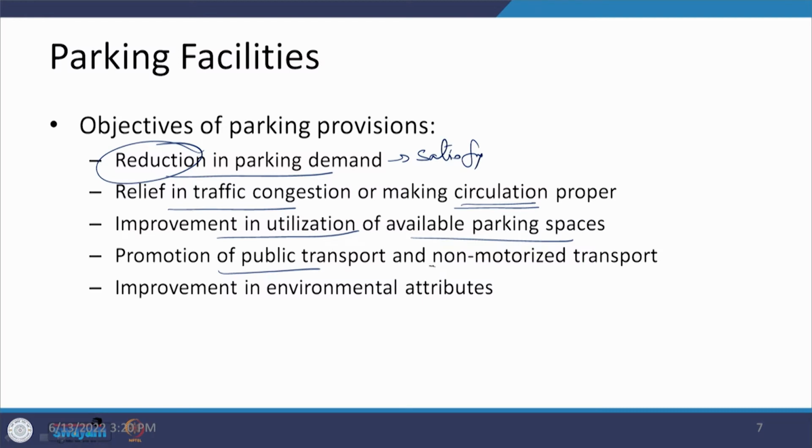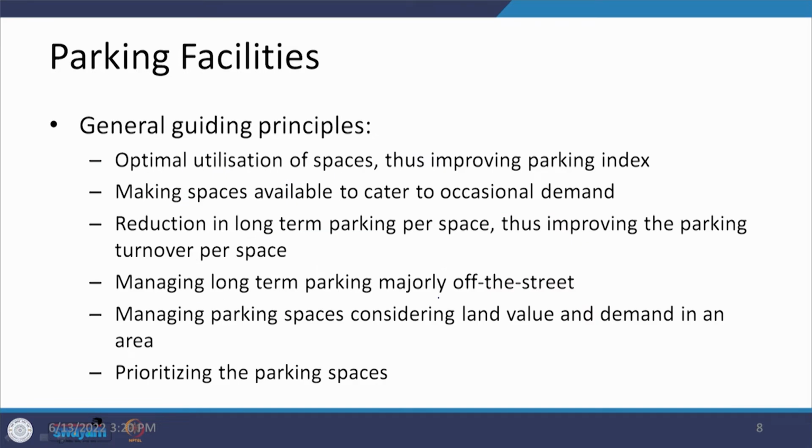Promotion of public transport and non-motorized transport together is also a possibility if we devise the policies, or manage the areas in such a manner that it promotes public transport, and the access to public transport is either through non-motorized transport or through IPT. And then obviously, when all of these things have been done, it is going to culminate finally in better environmental conditions. So, what can be the general guidelines or principles which can be followed here?